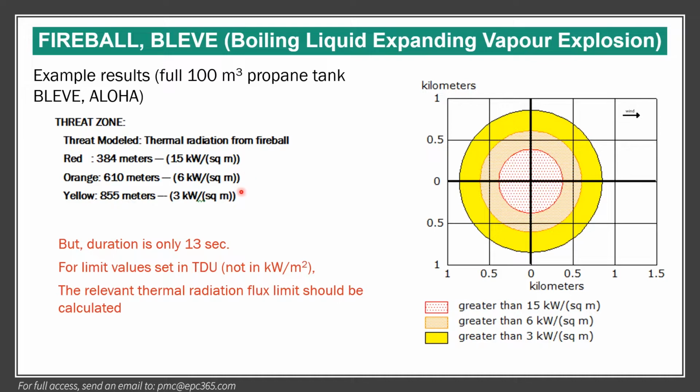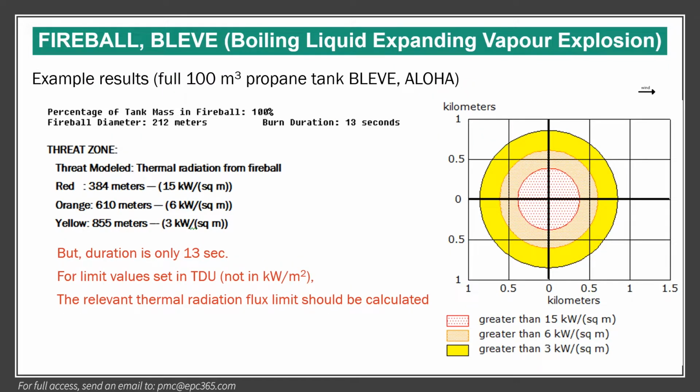So you can model this with ALOHA, and you can see here it will give you how many kilometers. For example, it's about 700 kilometers for the 3 kilowatt per square meter, or 6 or 15. You have the possibility in ALOHA to change these limits and understand based on the criteria that you have, and you can calculate them.